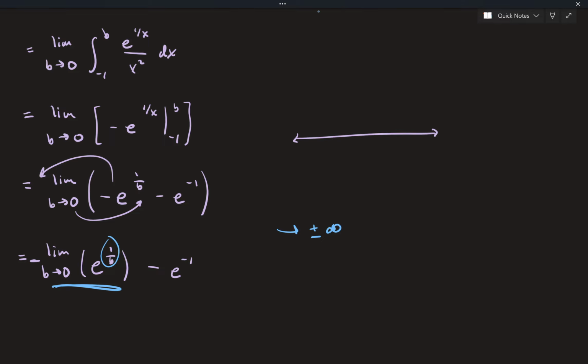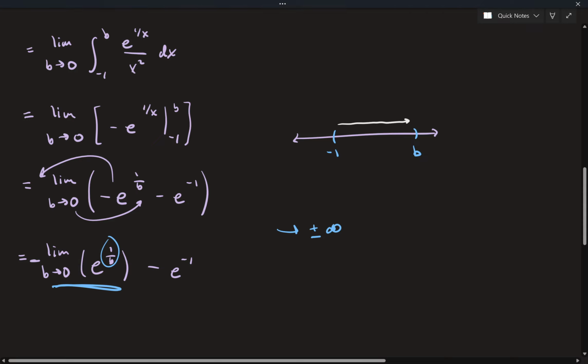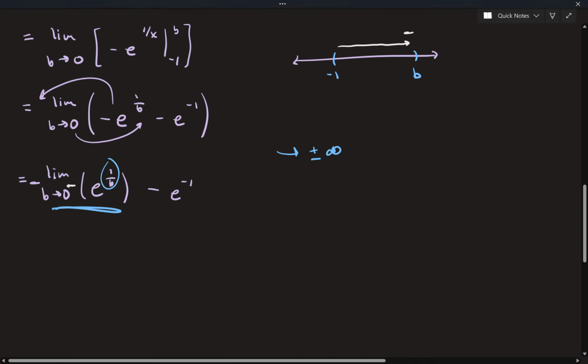The answer lies in the bounds of the integral. The integral goes from minus 1 to b. So the integral is going this way. So I'm actually approaching 0 from the left. Now 1 over 0 from the left goes to negative infinity.